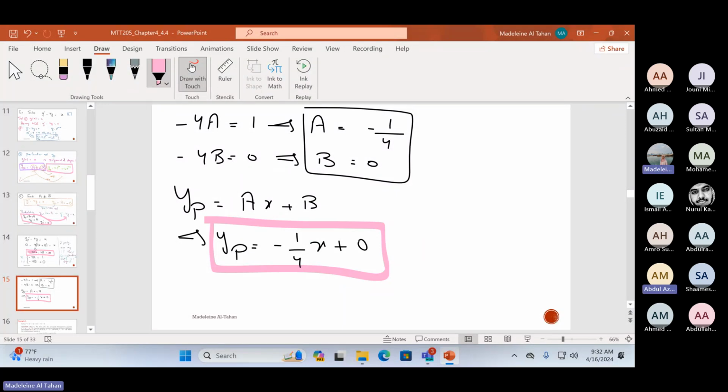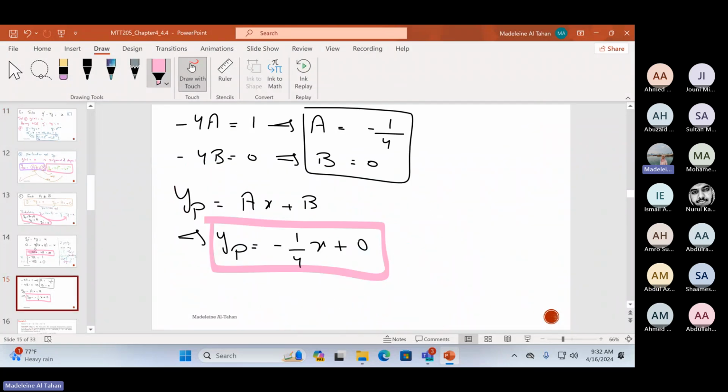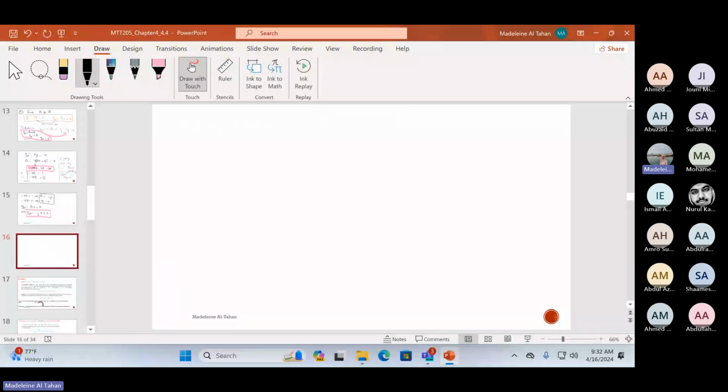Now, what's the last step? If we go back to the question, solve. It doesn't mean find only the particular solution. Find the general solution. And we said that the general solution is YH plus YP. We already found YH and YP. So y is equal to YH, or YC, plus YP. What was YH?